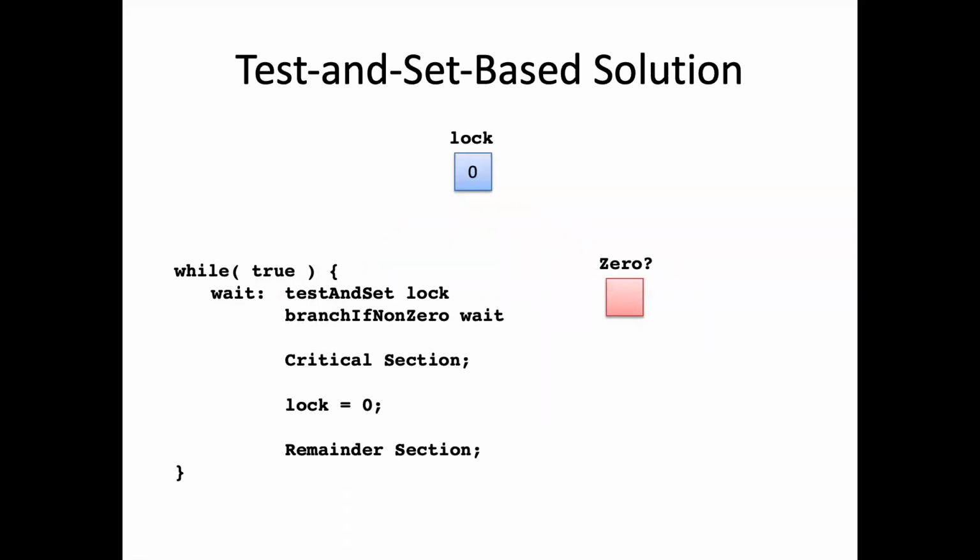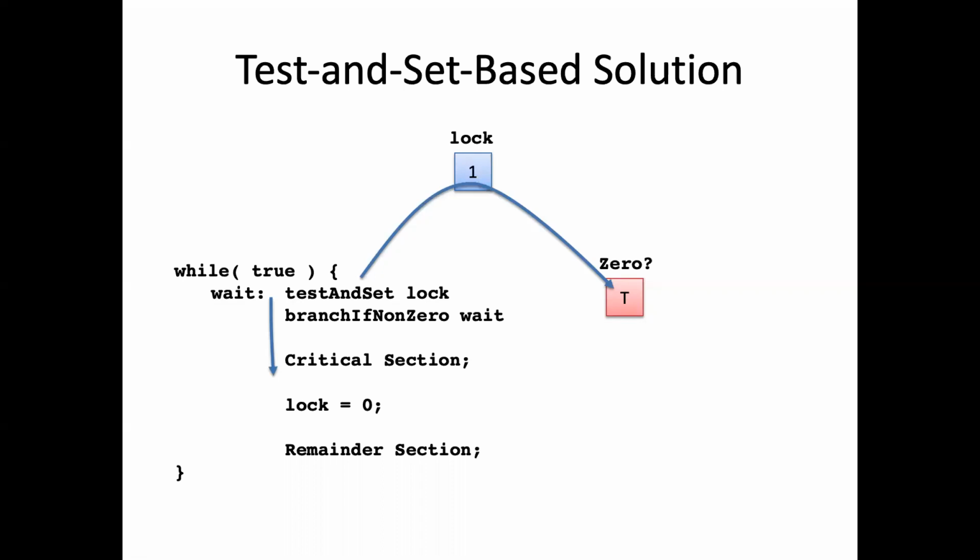What if the lock was 0? So backing up, before we were pretending it was 1 and we talked about what would happen. What if the lock is 0? Well, that means no one's in the critical section. So our atomic test and set instruction tests that lock, remembers, oh, it was 0. So I set this flag to true, pretending like I'm remembering, oh, it was previously a 0, but I also set it to 1. So that's the important part about the atomic test and set.